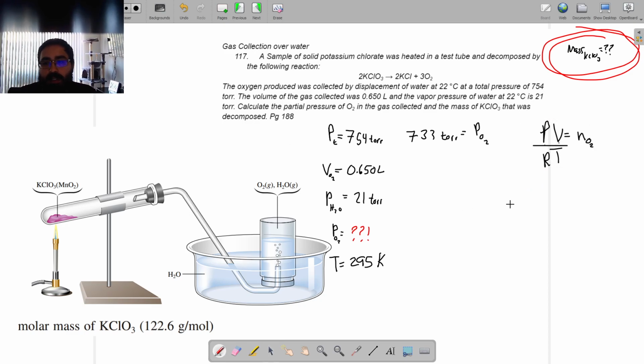So the moles of O2 we don't know, but the pressure of O2 was 733 torr. The volume of O2, I have it right here. And then I'm going to put parentheses, and then underneath will be our R value.